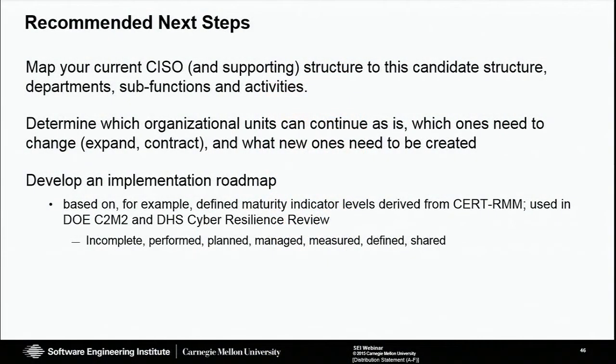Right. All right. Let us finish our conversation today by recommending a few potential next steps that you, who have been sitting through our conversation today, could take. One thing you could do is look at your existing Chief Information Security Officer organization, how it's structured, and see if it maps to the candidate structure that we have talked about.